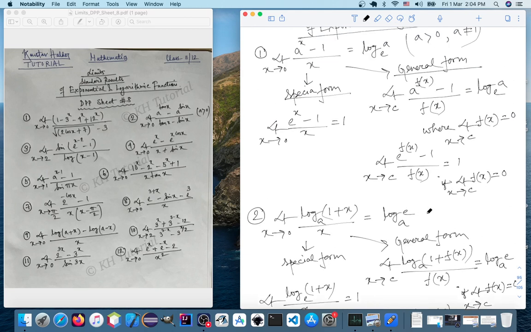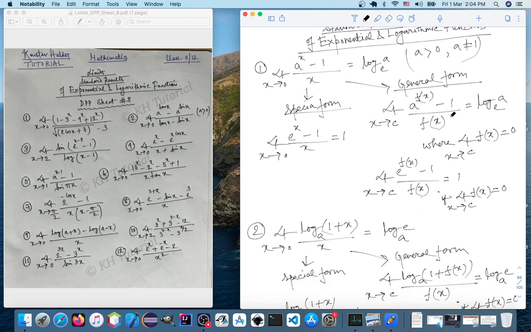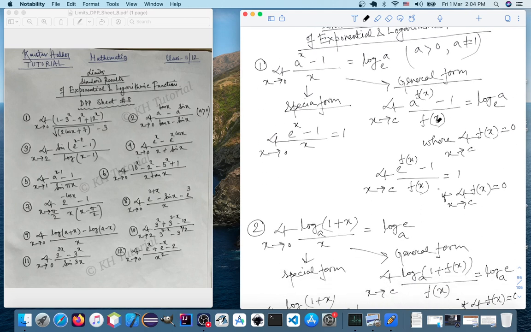For all the general forms, we are saying that a to the power f(x) minus 1 divided by f(x) is log a to the base e, where x tends to c, where it must have the limit of f(x) as x tends to c equal to 0.